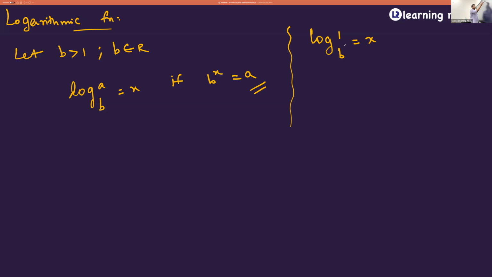You read log of A base B; here it is log of 1 base B equal to X. Then 1 equals B power X. What should be the value of X that I need to substitute so that B, when raised to that power, gives me 1? That is why we say log 1 is 0. Whenever you do log of 1 with any base, it is 0.